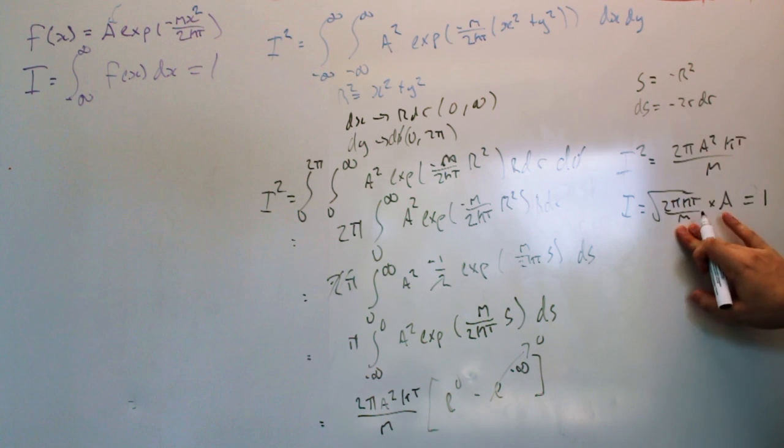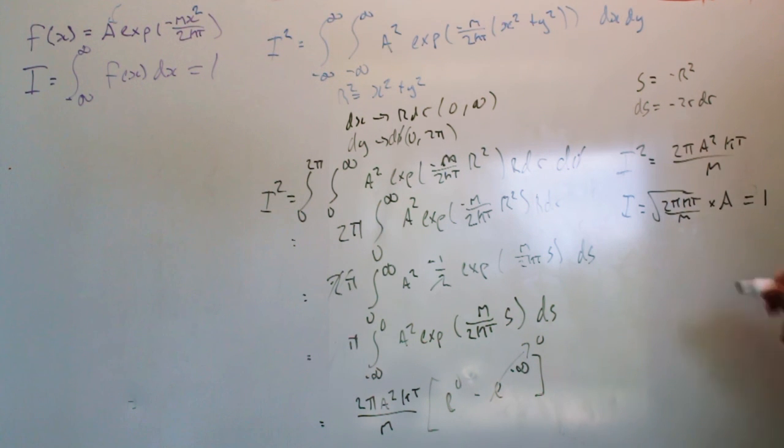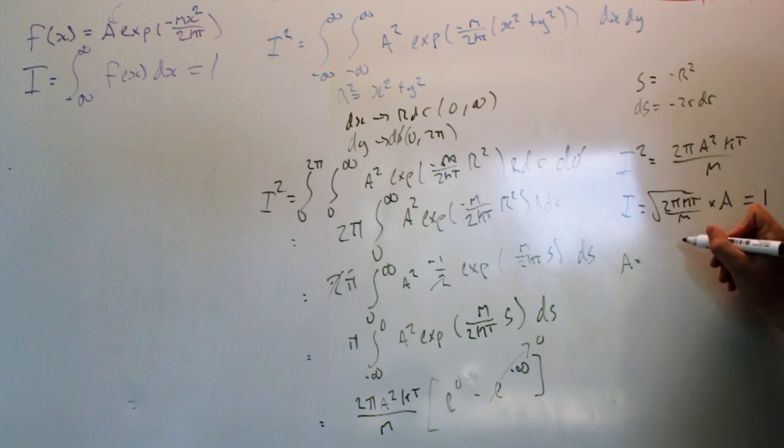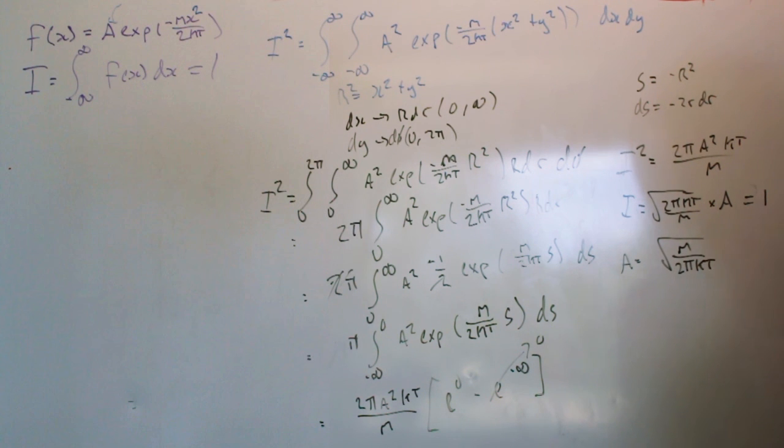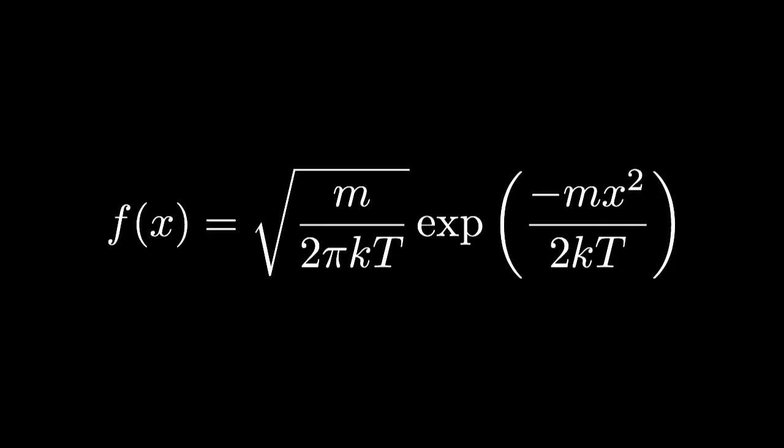And so we can just rearrange this and solve it for a, and so we finally get that a equals root m on 2 pi kT. And that's the integral, guys. So that's our normalization constant for a Maxwellian distribution in one dimension. Thank you, guys, and have fun.